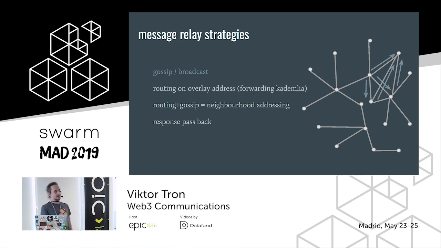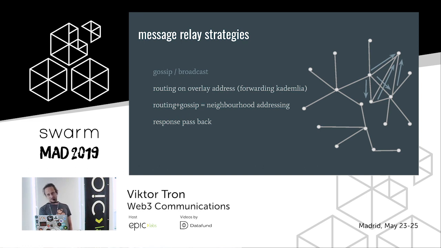There's obviously the trivial one, when you just broadcast the messages to your peers. Now again, what you see in the graph here is the overlay network. Where I have the edges, these are underlay connections. So they are semi-permanent connections, and the connectivity pattern follows the Kademlia topology.